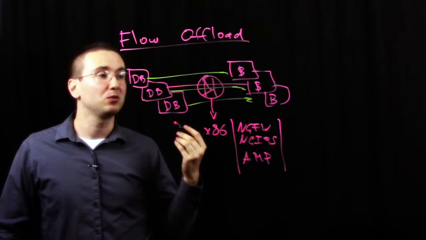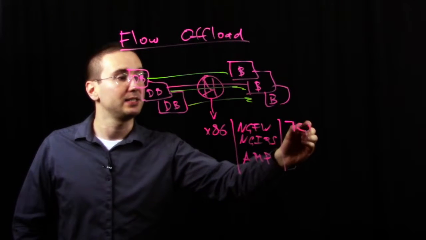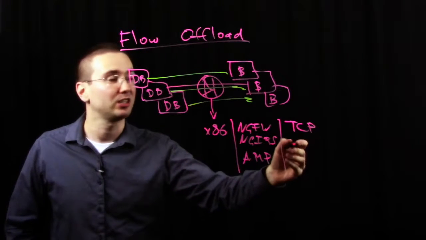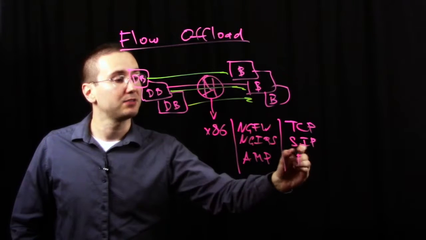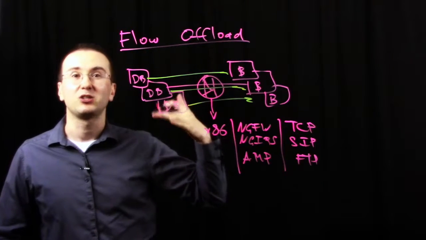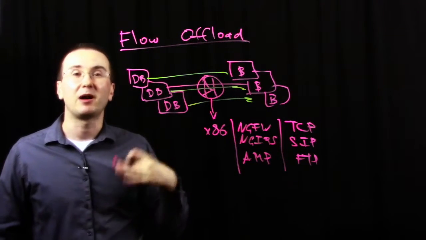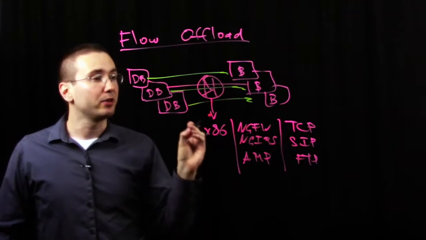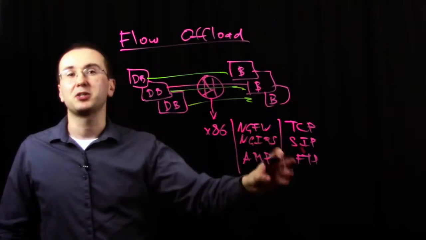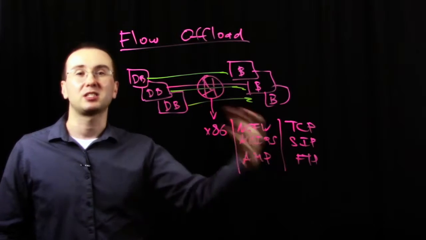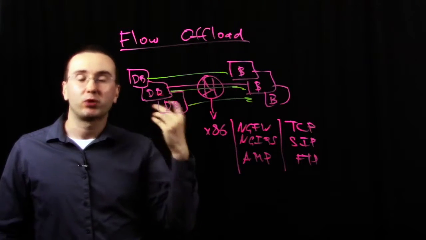And now, if you look at stateful protocols like TCP, and then maybe something application level like SIP, and FTP, and many other protocols that need to be inspected very, very deep down to the application level, you'd notice that you'd want to keep every single packet for a single connection, single session, to a single processing instance.